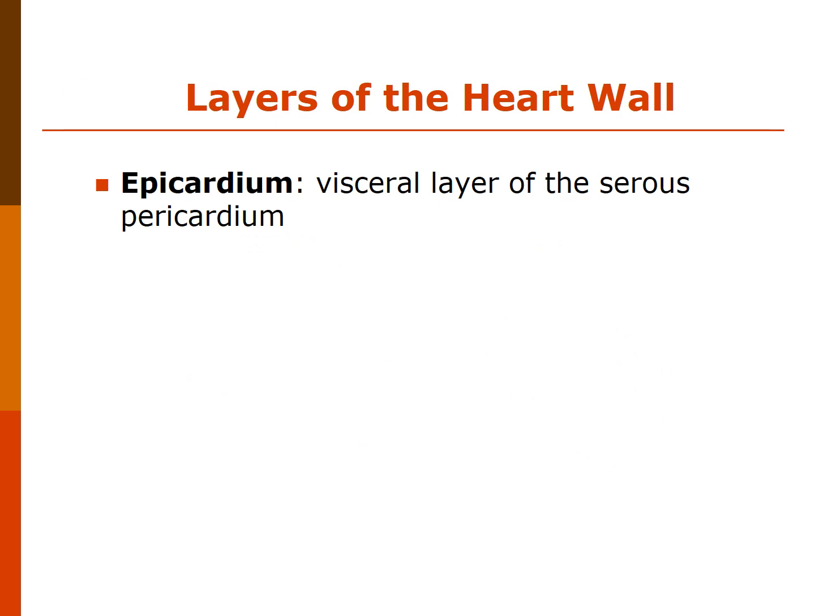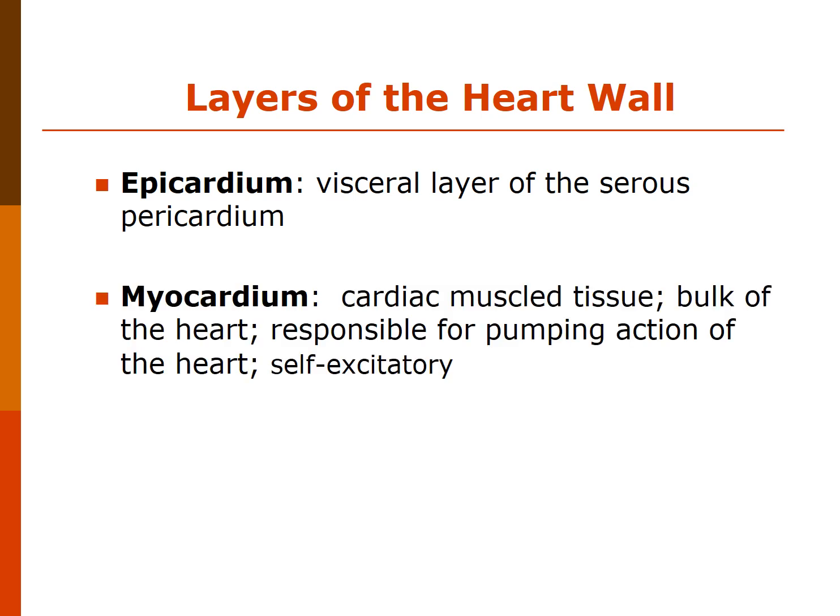Let's look at the layers of the heart wall. The visceral pericardium or epicardium again surrounds the surface of the heart and is part of the serous membrane. The bulk of the heart itself is the myocardium. This consists of cardiac muscle tissue. The myocardium is responsible for the pumping action of the heart.